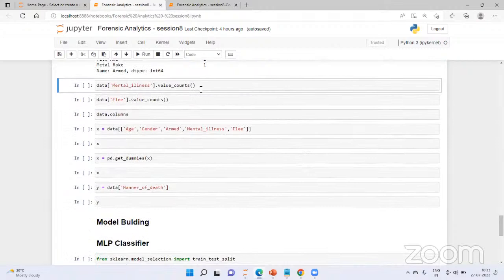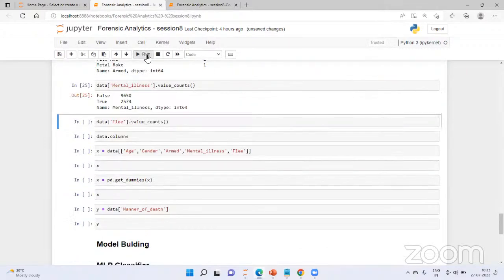Next, do you have any mental illness column? So mental illness: false is 9,650 and true is 2,574.